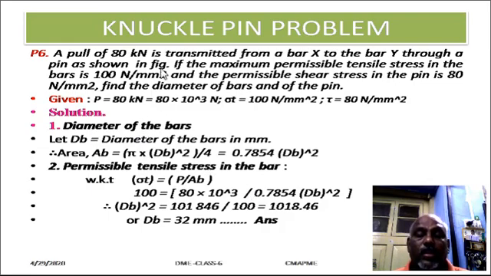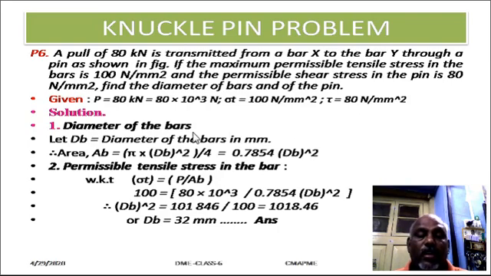It is a knuckle joint problem. The power is transmitted from one end to another end through the rod itself. So the load transmitted is 80 kilonewton, that is 80,000 Newton, and the tensile stress is 100 Newton per mm square. The shear stress in the knuckle pin is 80 Newton per mm square.